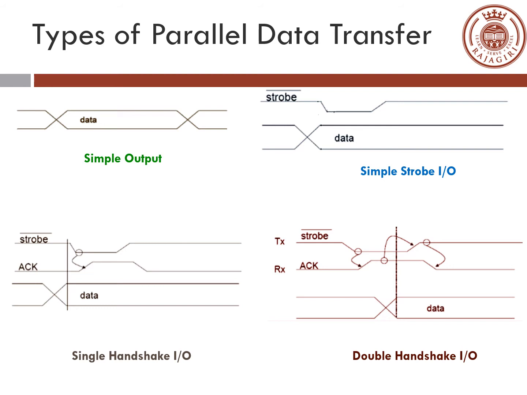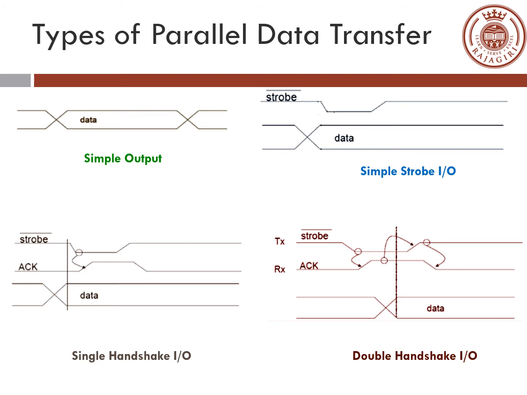The second method is called the simple strobed I/O method, where we use an additional signal called a strobe, which is actually active low, so it is strobe bar, as a valid signal for the data bus.